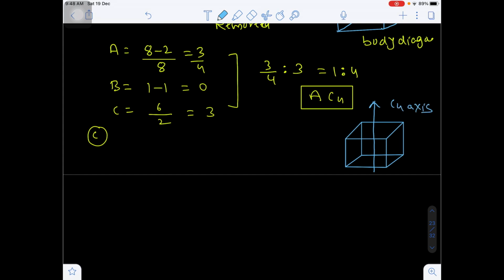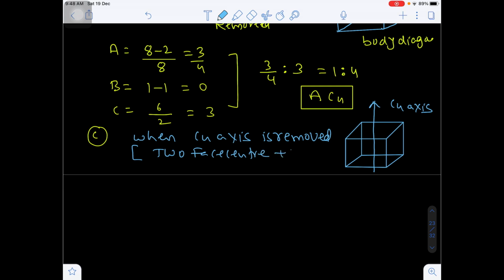If you remove the C4 axis, that means you are removing two face centers, two face center particles and one body center particle.